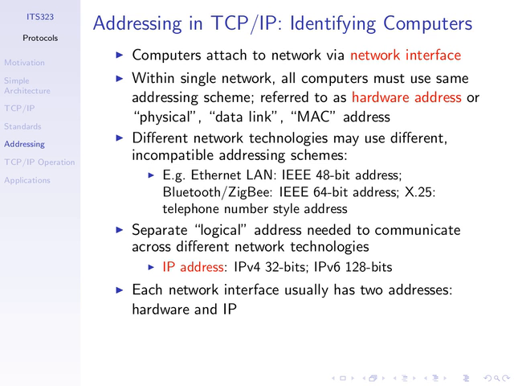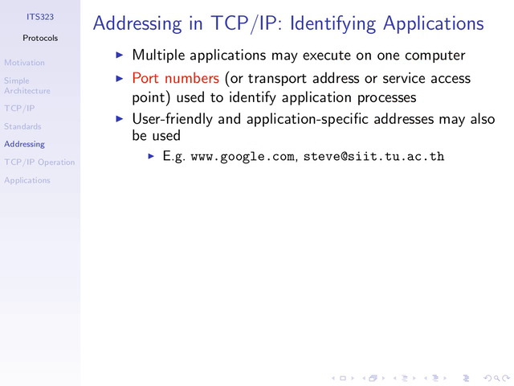And we can think the hardware address is used to identify a computer on a single network, on a LAN or wide area network. An IP address is used to identify a computer inside the internet, say across the globe. And in addition, so that's to identify computers, port numbers are to identify applications on computers.